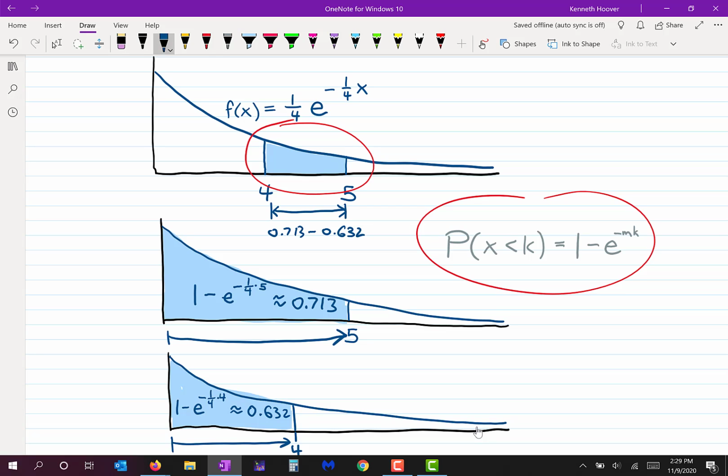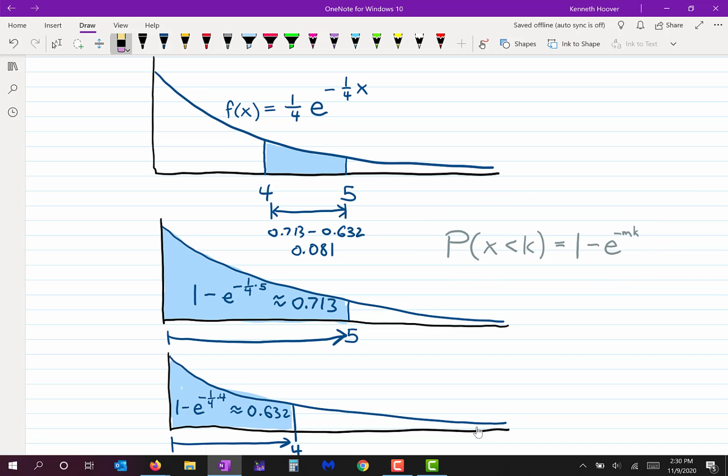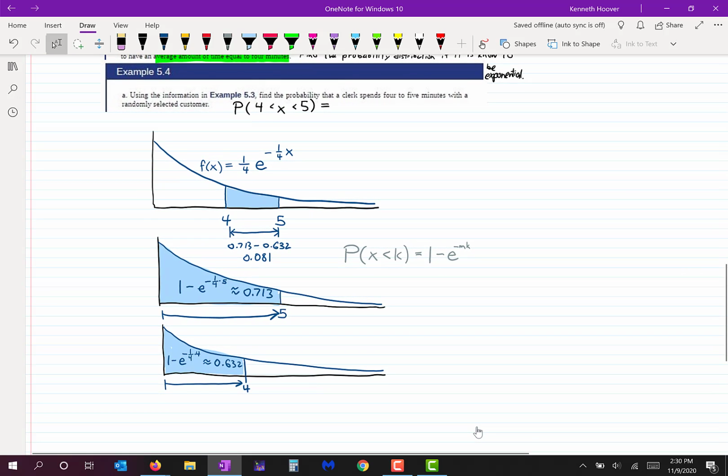Whoops, I messed up. Hang on a second. That is 0.081. Okay, let's write this down. 0.713 minus 0.632, and so that's 0.081.